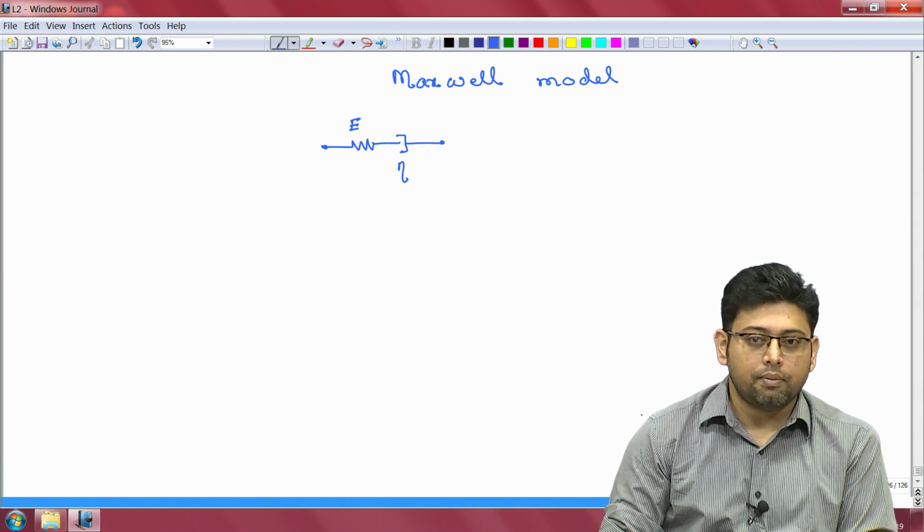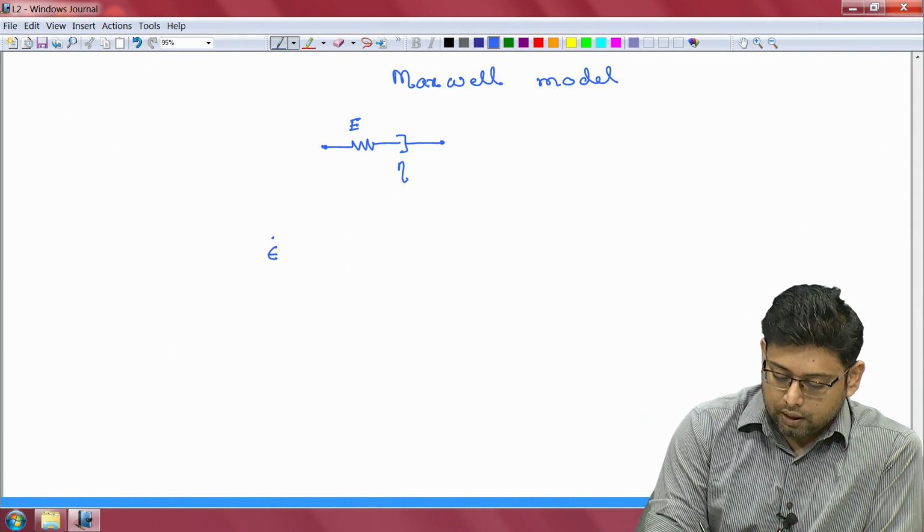And the constitutive equation came out to be of the form, we can write it in a couple of different forms.